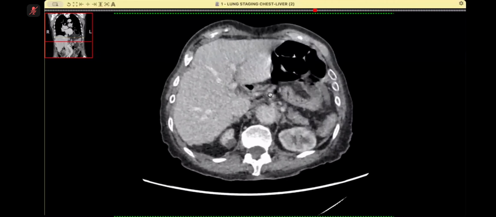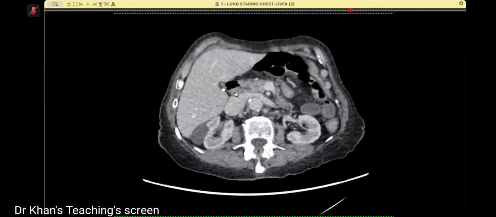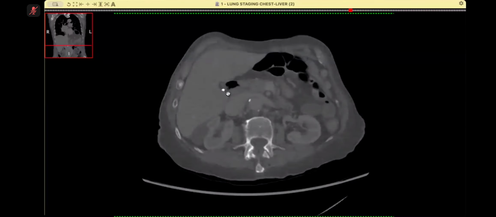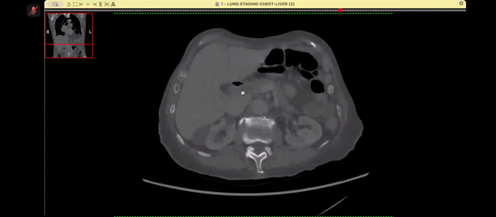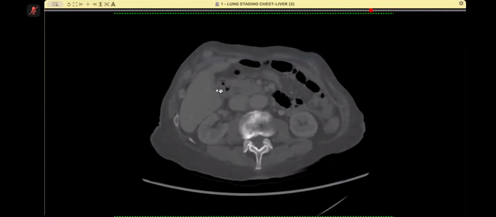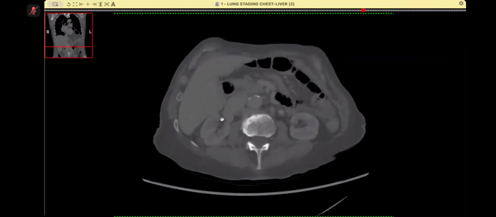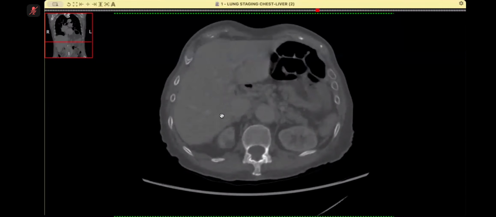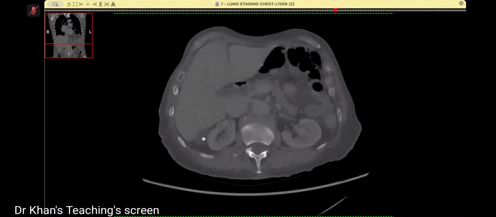So what is happening is that there is a metal clip here, and if I go to bone density, you can see a metal clip here. Now, then another metal clip here. And if you see with these two metal clips, this one is not metal. There is a stone sitting here. They are spilled.